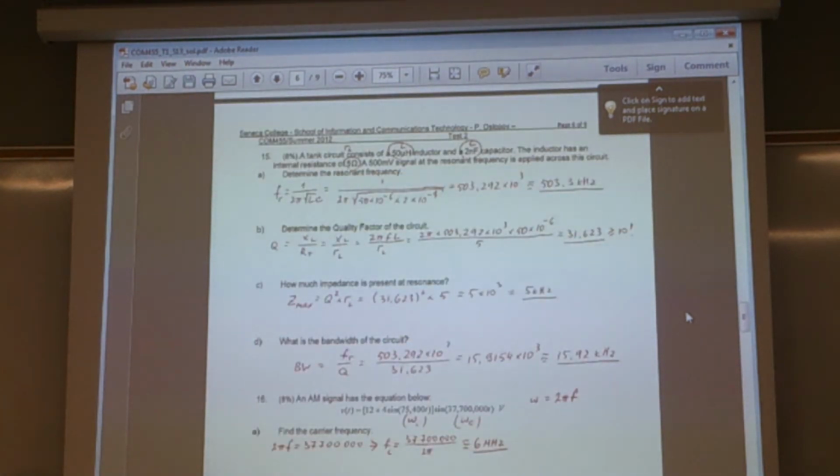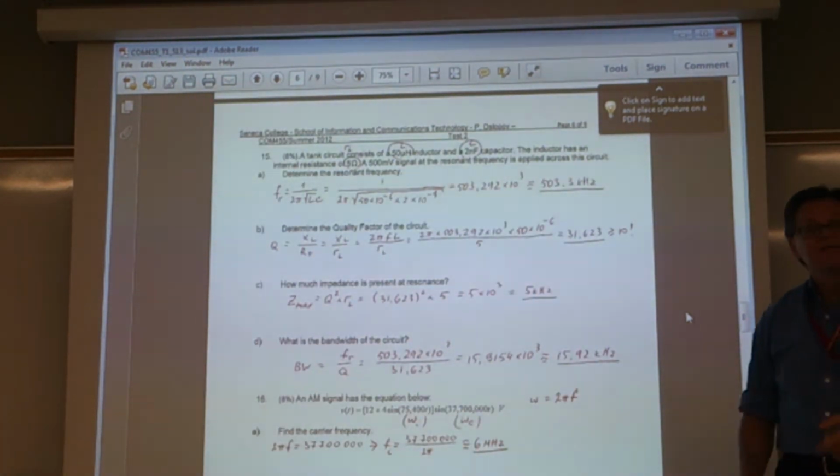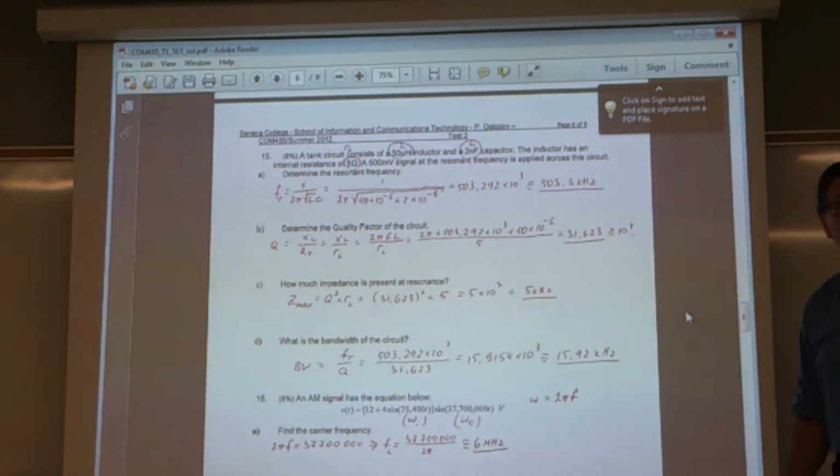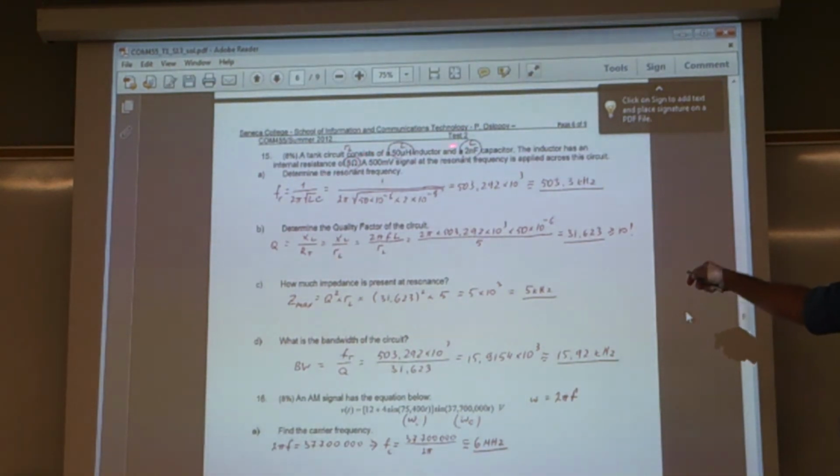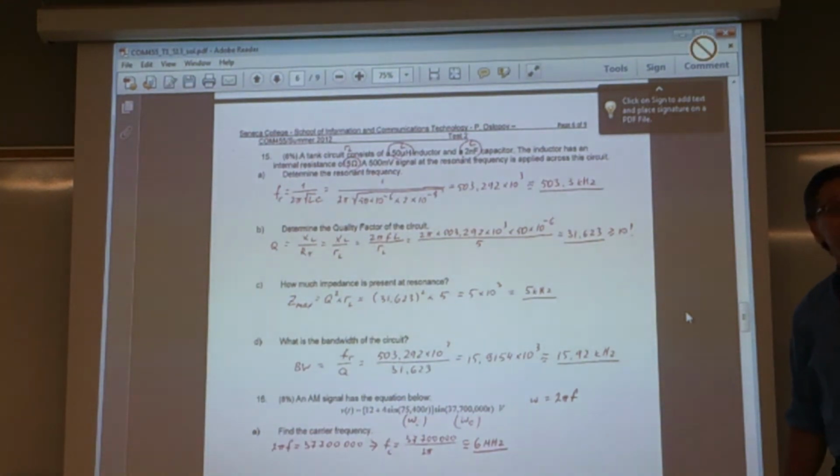Sorry, but I tested you again on ECR 255 because it's a part of the course. And here you have a tank, a resonant parallel circuit with all components given. You only need to go to your last page and use the proper formulas to calculate. I noticed one of you was using the formula for the cut-off frequency, not the resonant frequency.